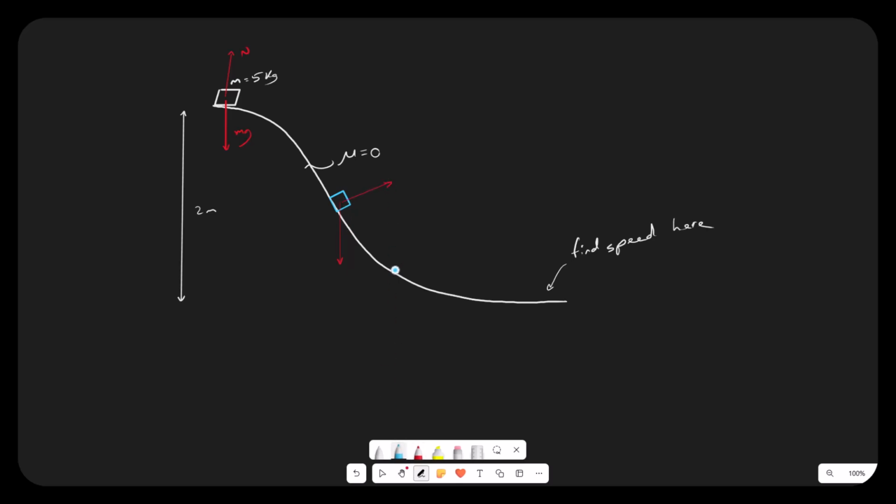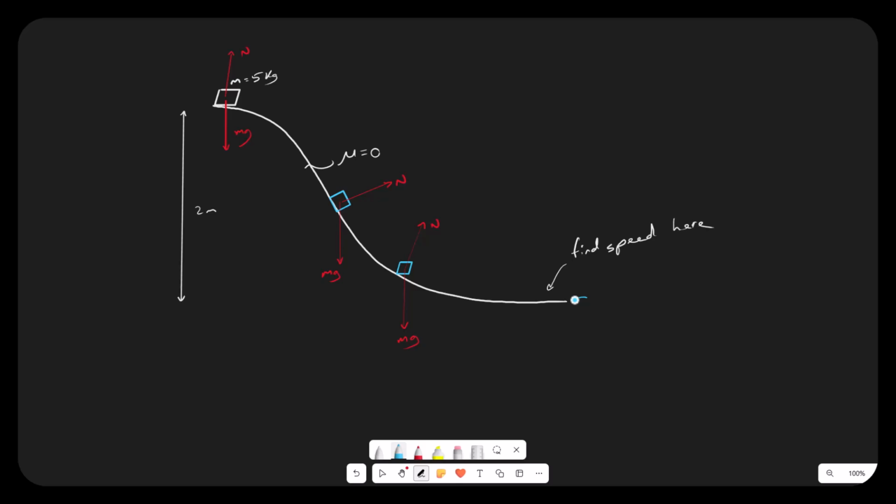When the block is here, here's my gravity, here's my normal force. So in these cases, I run into a major problem in that my acceleration's not constant. If my acceleration's not constant, then I can't use my kinematic equations. What I can do is use energy.